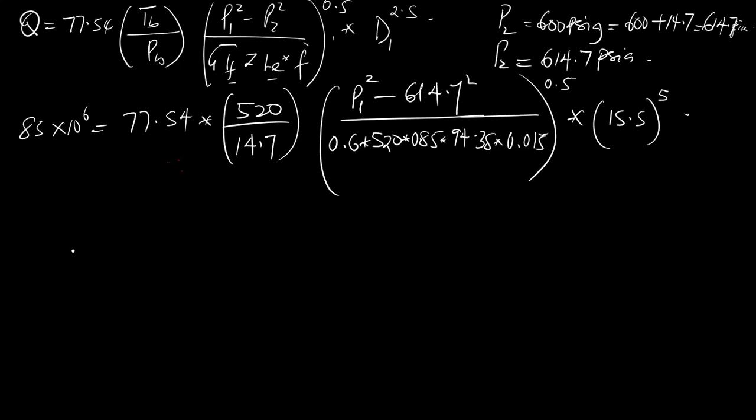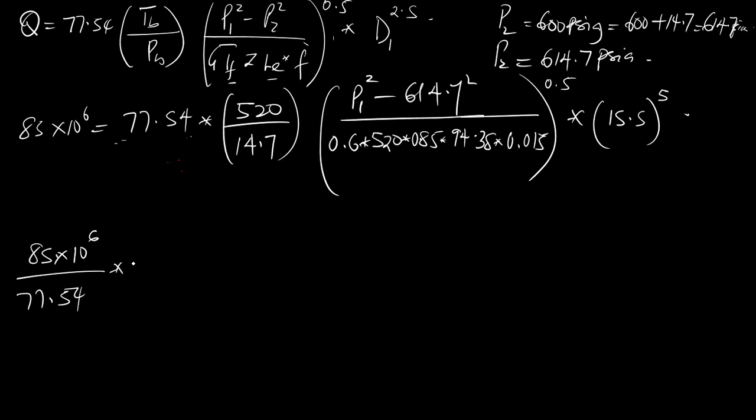Now, for us to solve this, we divide all through by this, so this will cancel out on the right hand side. So you have 85 times 10 raised to power 6 divided by 77.54.